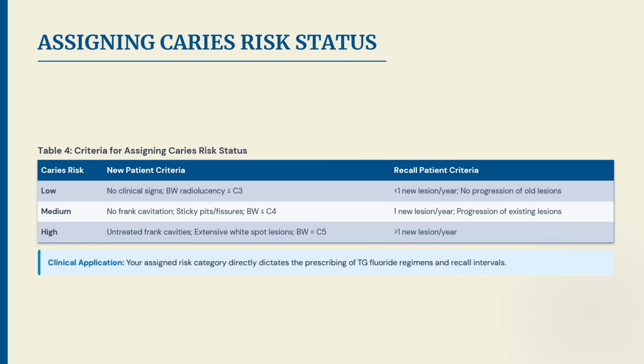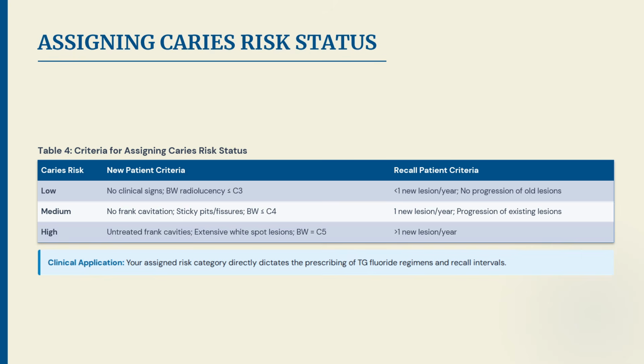Now, the medium risk: there is no cavitation, there are pits and fissures which you see, and C4 radiographic lesions, less than or equal to C4. One new lesion per year. Again, the patient is a regular visitor that comes back to you. He previously had 3 active caries lesions, and now he's having 5, let's say.